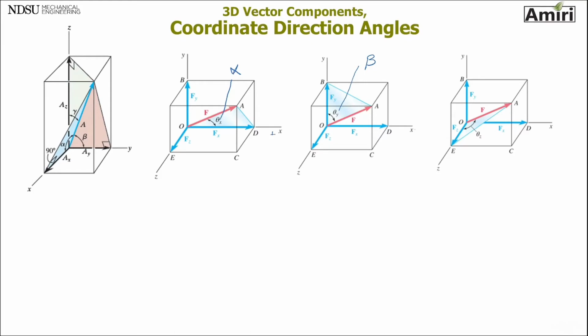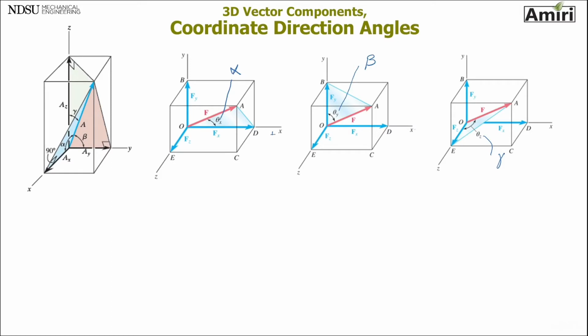And the angle that A makes with the positive z-axis, we like to call gamma. I'm actually glad that I used a different example because the axes are rotated, so you can see that it doesn't matter which way it's laying. With the x-axis we always call it alpha, with the y-axis beta, with the z-axis gamma.